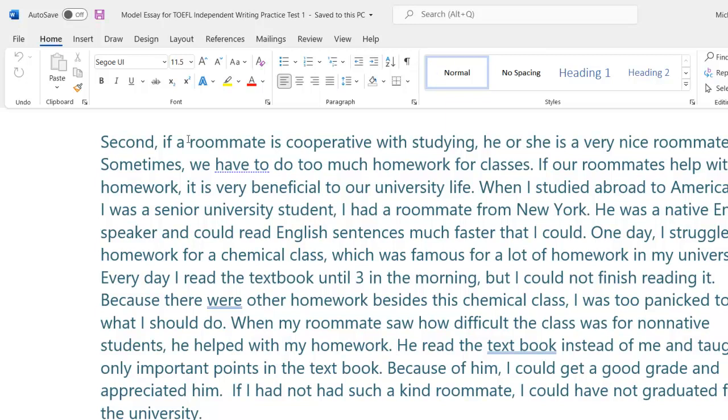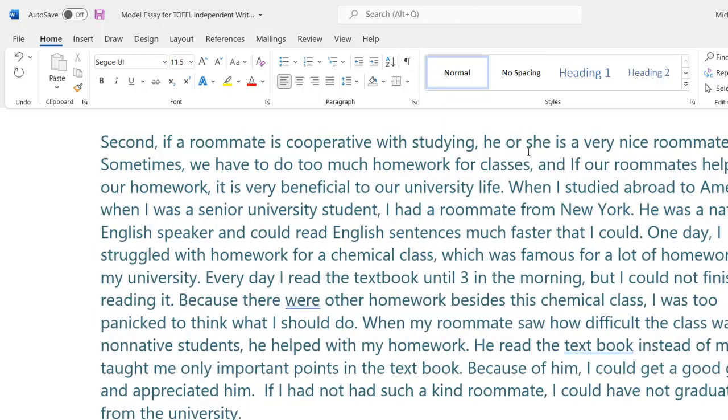So you say, second, if a roommate is cooperative with studying, he or she is a nice roommate. Sometimes we have too much work to do. I'm going to combine these two to avoid those two short sentences. So, if our roommates help with our homework, it is very beneficial to our university life.